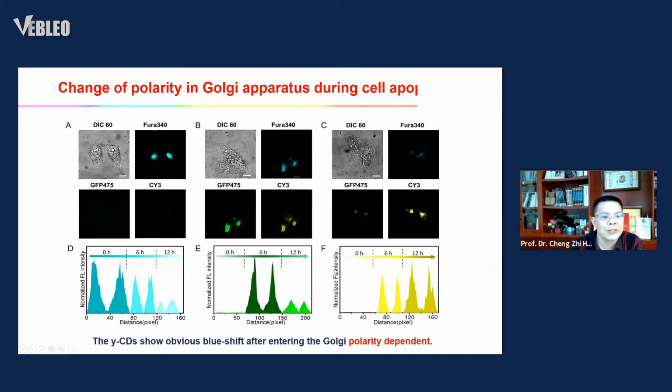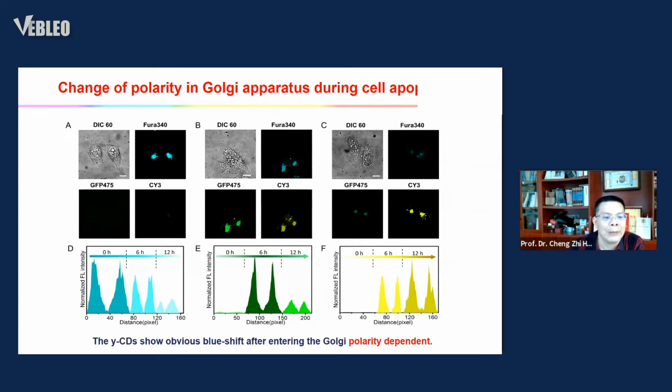Since the membrane structure of the Golgi is composed of phospholipids and some hydrophobic molecules, and thus has a relatively low polarity microenvironment. So, with the polarity sensitive yellow carbon dots getting entrance into the Golgi, fluorescence emission would be obviously shifted with the cell growth.